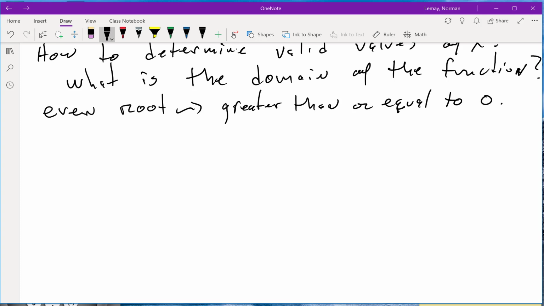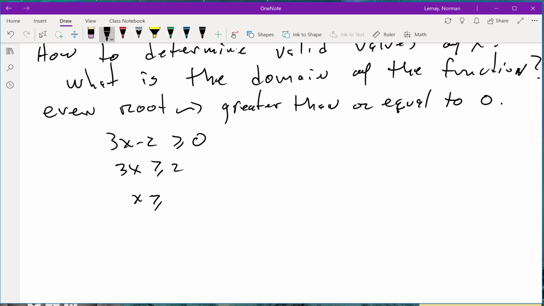So why don't we just take that radicand, 3x minus 2, and set it greater than or equal to 0. Note that 3x, bring the 2 to the other side, is greater than or equal to 2, so x is greater than or equal to 2/3. So here the domain for our function is 2/3 out to positive infinity.